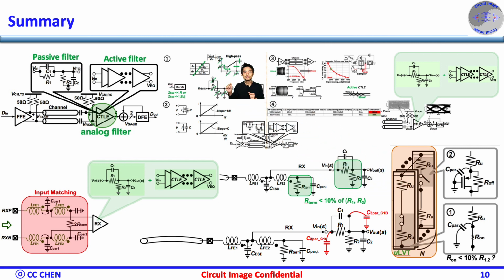Lastly, to adjust the values of the R1, R2, C1, and C2 independently, we must add the switches in series with them, but the switch size will trade off the parasitic resistance and parasitic capacitance. Hopefully, we could take advantage of the available ultra-low threshold voltage device, ULVT, in the most advanced technology to size the switch properly.